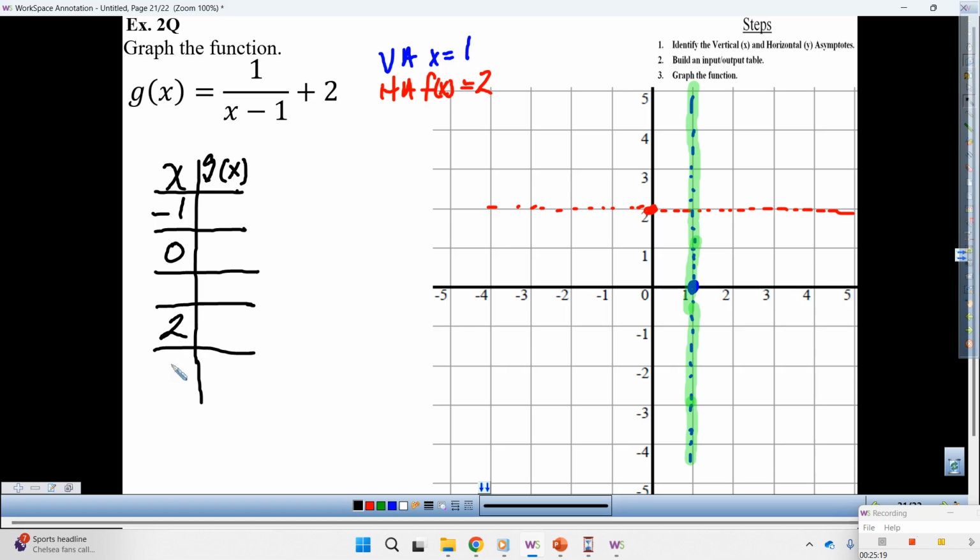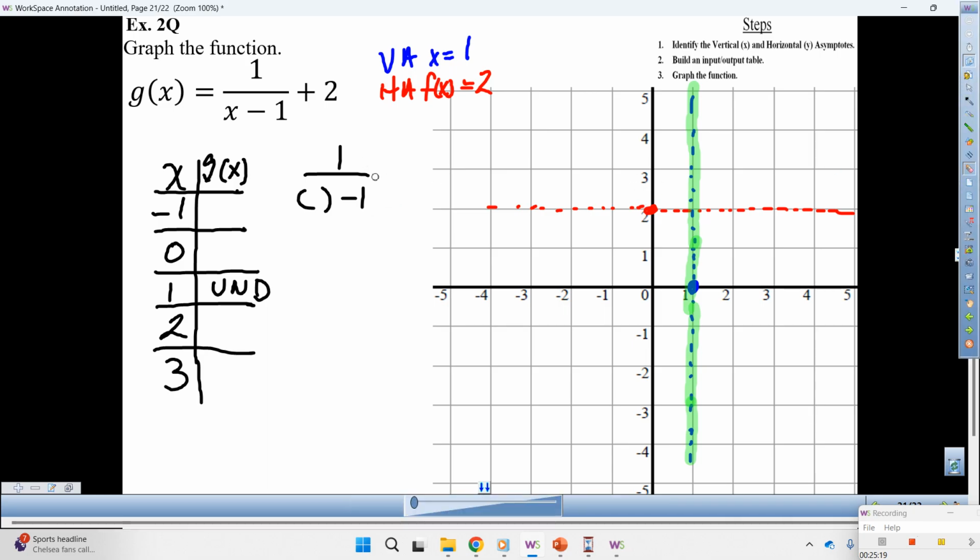So 2 and 3. And what is our asymptote, everyone? 1. And what are we going to write for 1? Undefined. All right, so let's fill our values. I'm going to write this function, 1 over parentheses x minus 1, plus 2.